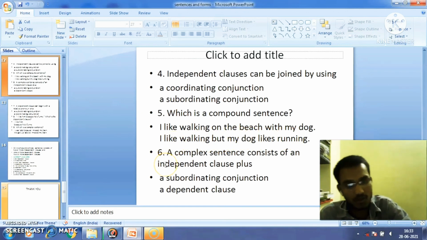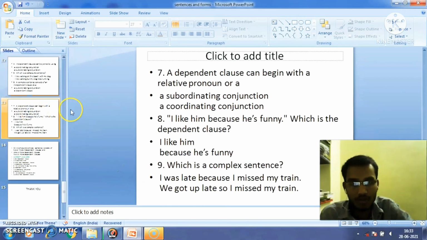A complex sentence consists of an independent clause plus a subordinating conjunction or a dependent clause. Here the right answer is a dependent clause. Question number 7. A dependent clause can begin with a relative pronoun.